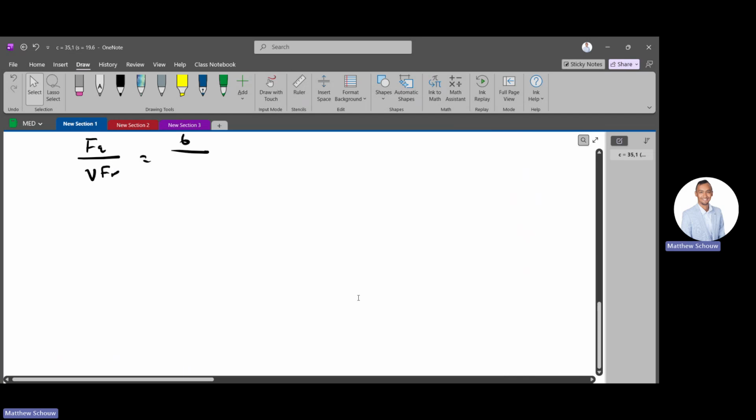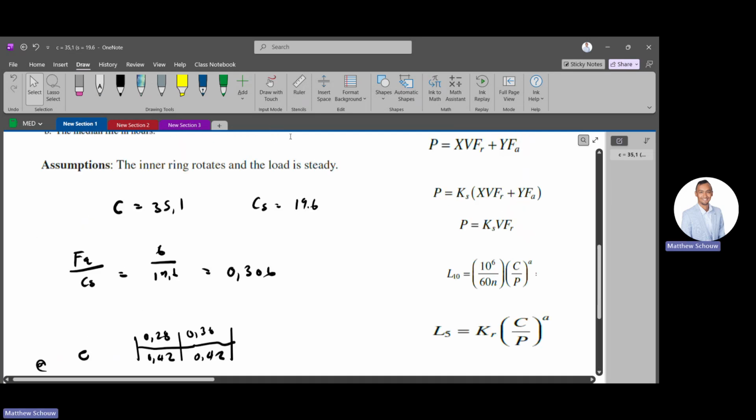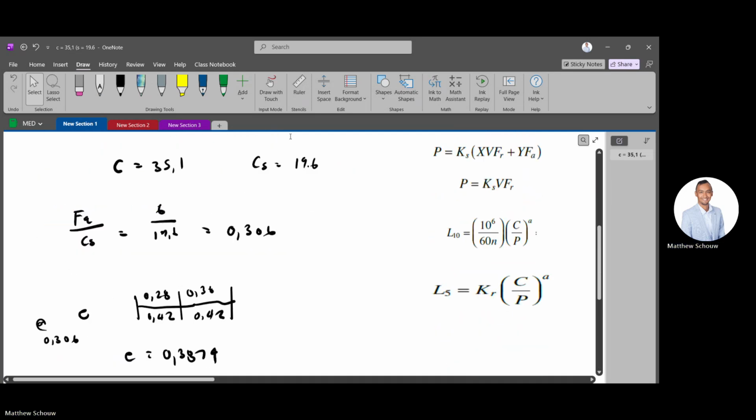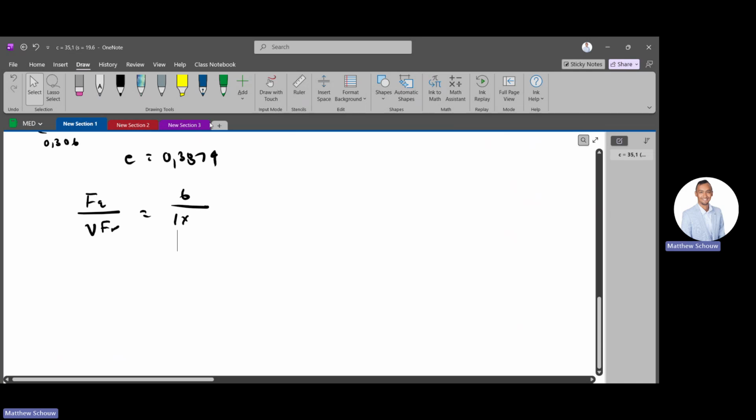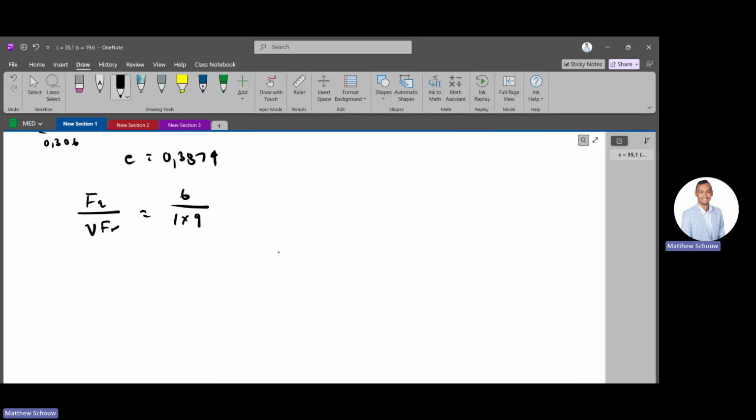So in this case, we have 1, and our radial load was given as 9, and FA is 6. So we have 9 over 6, you get 0.67.